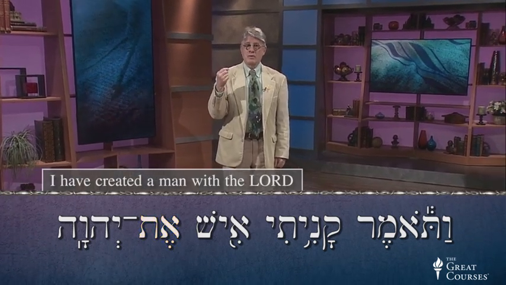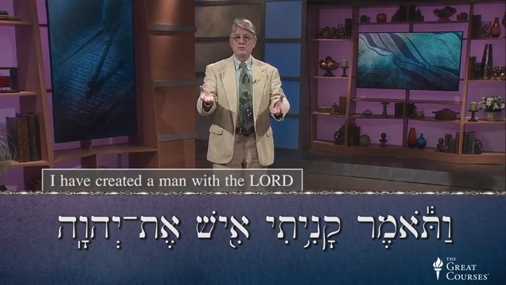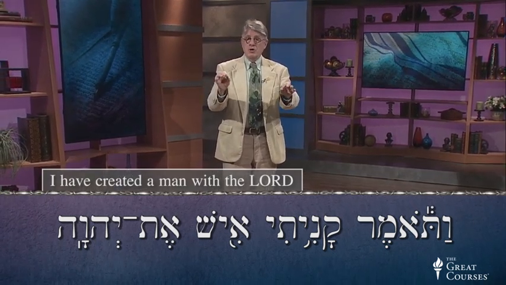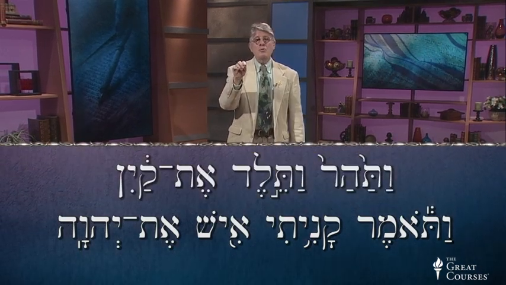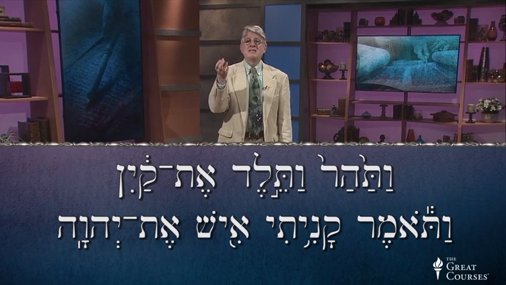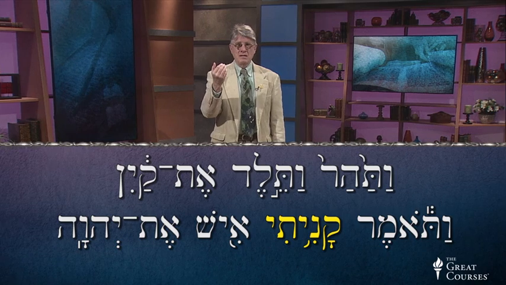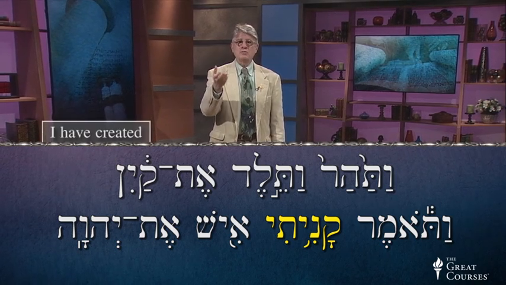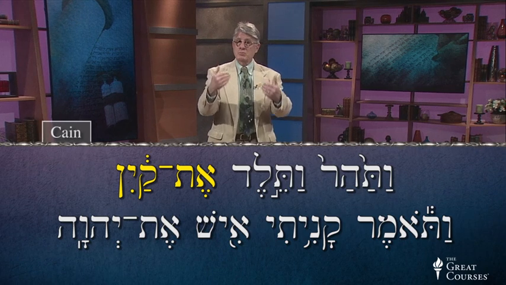Together with the Lord, says Eve, I have produced an ish, a person, the first human being after the two of us. And now you know why she said this after giving birth to Cain. It is the explanation of his name. Kaniti, I have produced, et Cain, Cain. The verb explains the name.